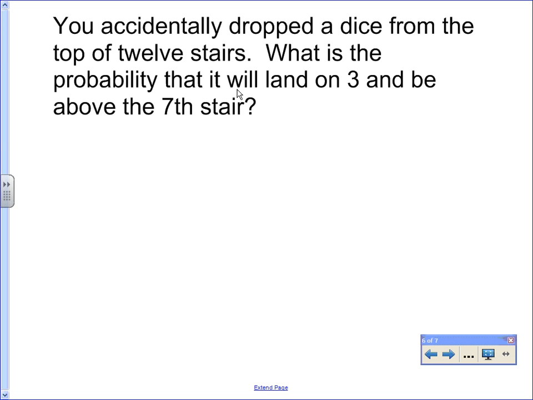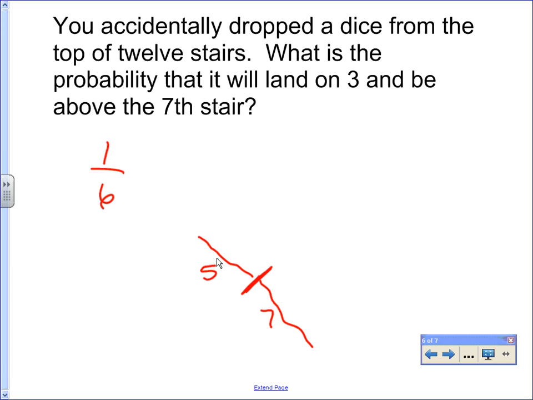You accidentally dropped a dice from the top of 12 stairs. What is the probability that it will land on 3 and be above the 7th stair? We know the dice is a 1/6 chance of landing on 3. So if you think about the 7th stair, there's 7 down here, and there are 12 stairs, so we want it to be up above.